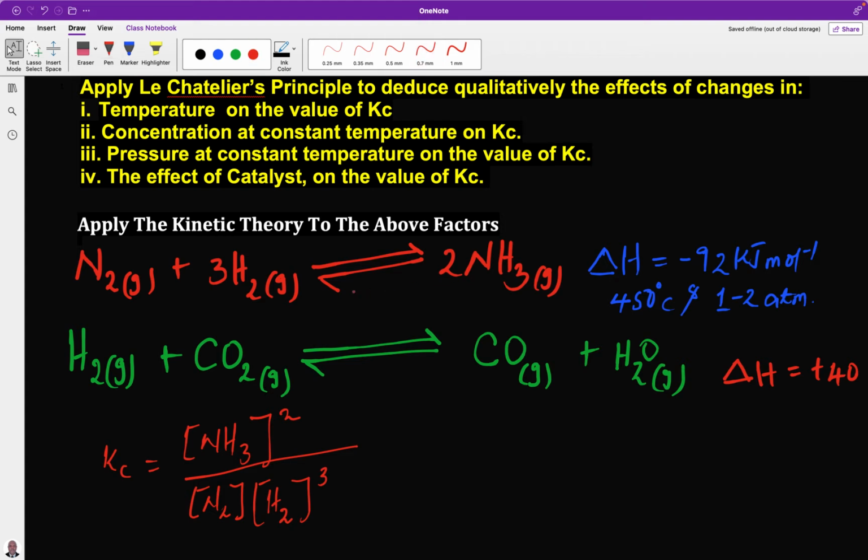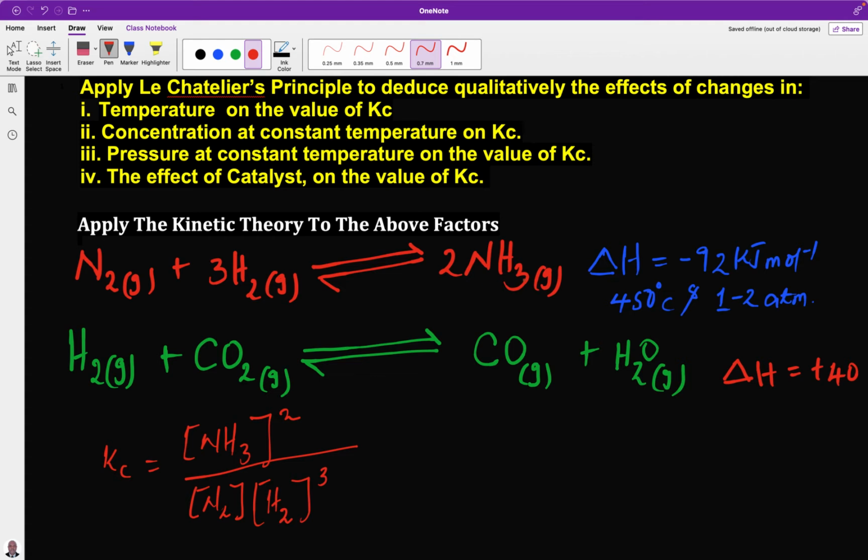To the left. This is an exothermic reaction, favoring the production of ammonia at low temperature. But if the temperature is increased, it is going to favor the endothermic reaction.